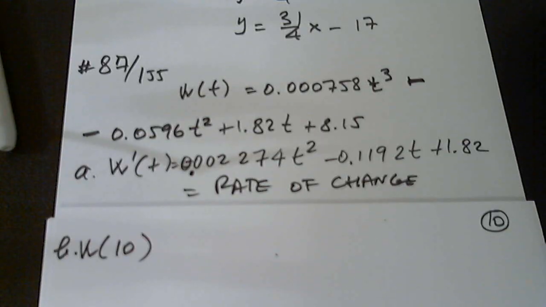So 0.000758 t cubed, and then minus 0.0596 t squared, and then plus 1.82 t, and then plus 8.15.